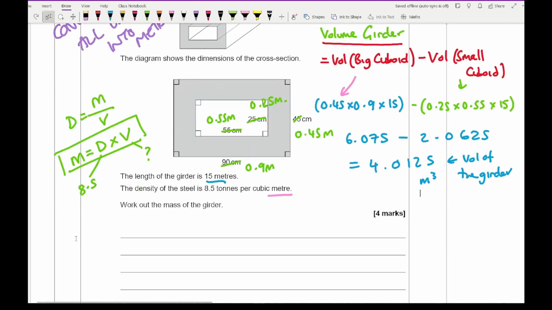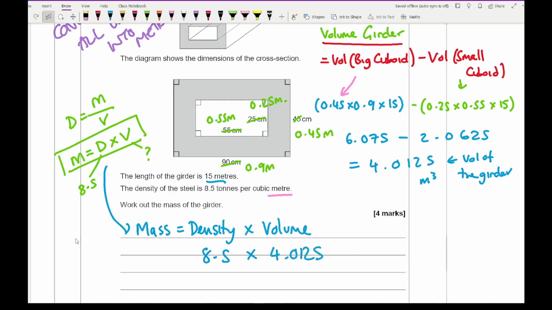So then all that's left for me to do is use this formula to work it out. So mass equals density multiplied by volume. So it's going to be 8.5 multiplied by the volume, which is 4.0125.